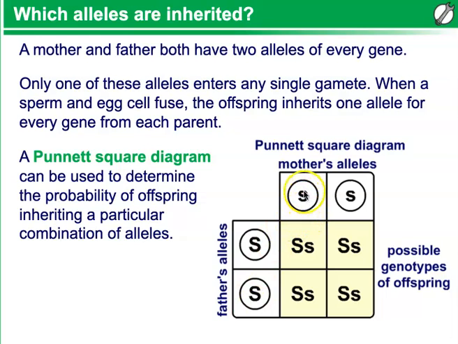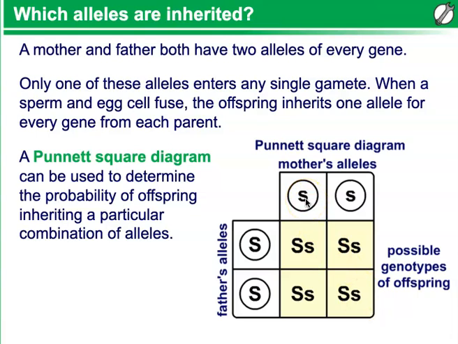Mom contains one lowercase s allele from either her mother or father, and one lowercase s allele, again from either her mother or father. The father's alleles in this case include 2 uppercase S's, the first from either his mother or father, and the second from either his mother or father. The combination of these alleles could result in these possible genotypes of offspring.